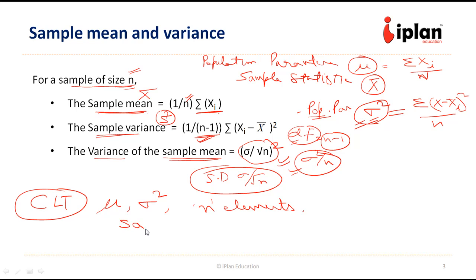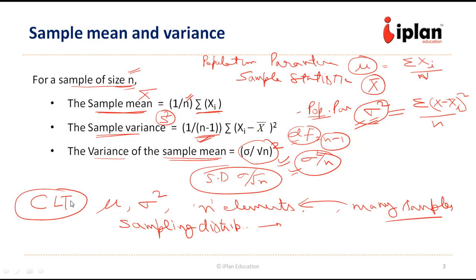Now if we look at the sampling distribution, that is for all those samples, there are many samples from the same distribution with the same number of elements in each sample. So if we look at the sampling distribution according to central limit theorem, the mean of this distribution will converge to the mean of population itself, mu, and the variance is going to be sigma square by n, and it will follow a normal distribution.